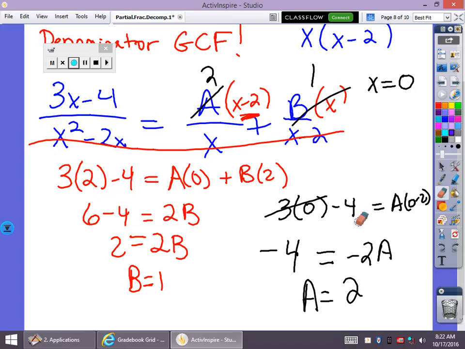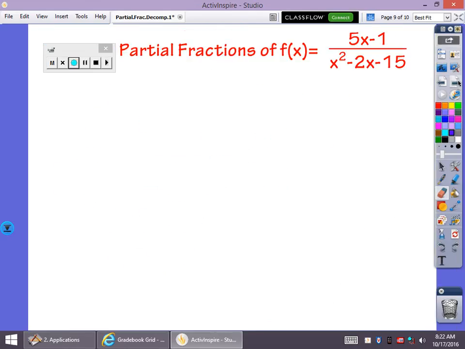Cool? Because it's 3 times x. It's 3x. I turned this into 0. And so then, all right. There you go. Try that one, my lovelies.